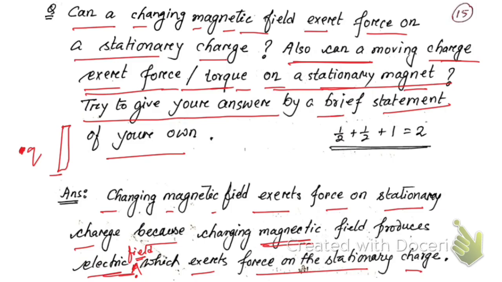Either both must be in motion or any one of them should be moving, either charge or magnet. In this case also it is possible: charge is at rest, magnet is moving, or charge is moving, magnet is at rest, or both moving. In all these three cases, these two will experience force.